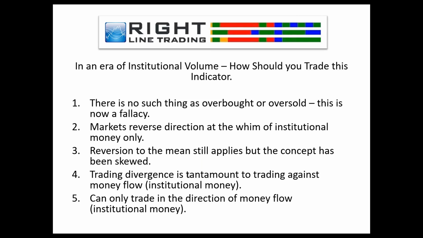So trading divergence today is tantamount to trading against money flow, or against institutional money. You can only trade in the direction of money flow. Forget any signal or any type of setup in which you try to pick off a top or a bottom.